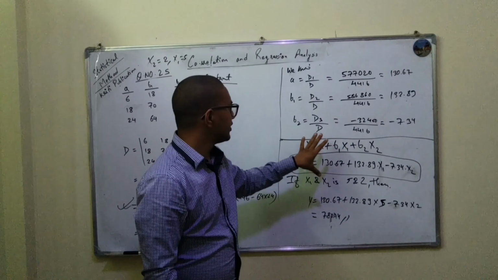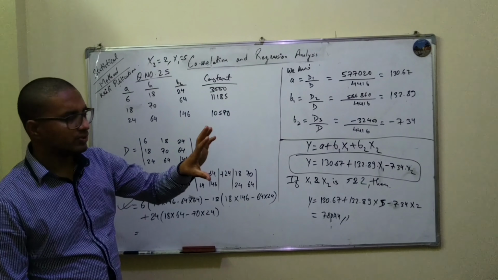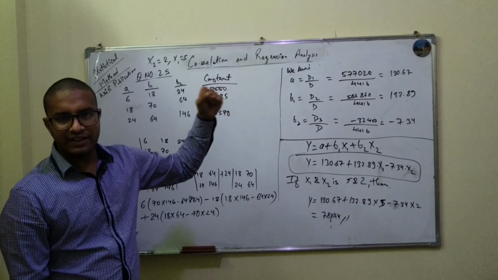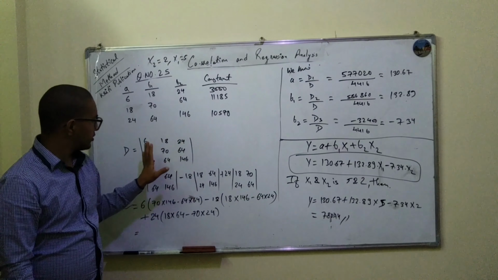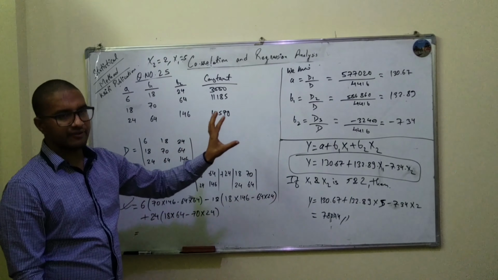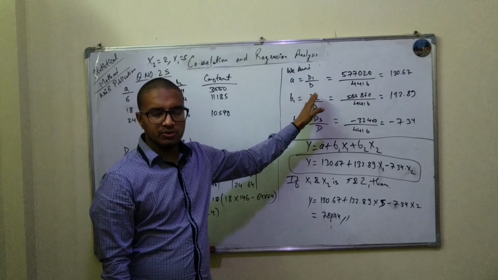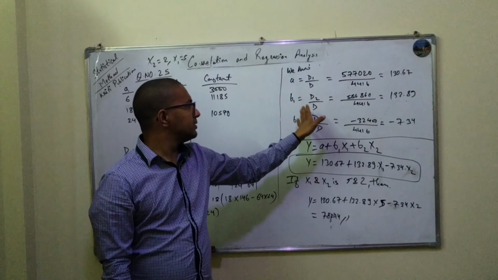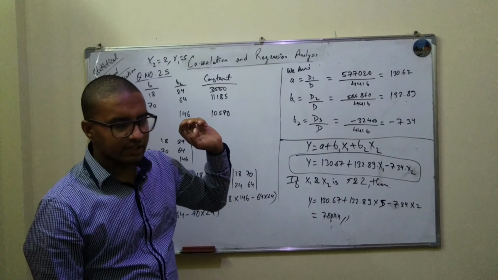Then you will get your A's, B1 and B2, and then your constant would be at the side, right? And then we single it out. So take all the A's, B1, B2, constant, use a matrix method, and then after that, what we do for A is D1 divided by D, and then for B1 is D2 divided by D, and D3 divided by D for B2.